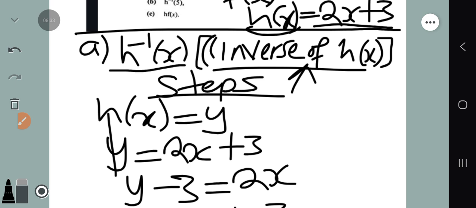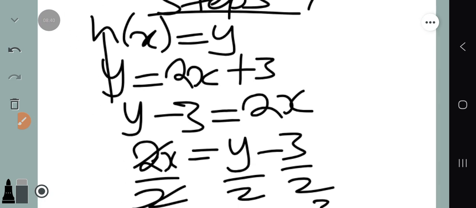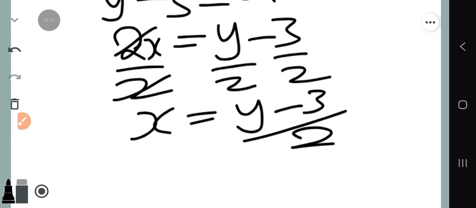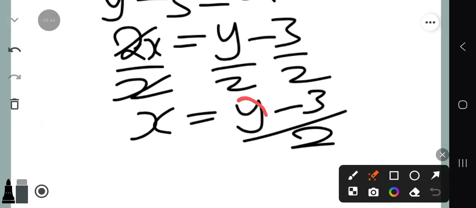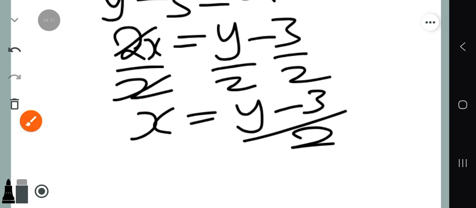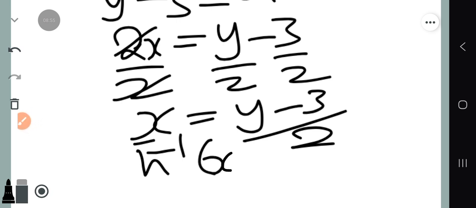h. So that means where there is x, where there is y, in this equation here, where there is y, I'm going to substitute x. Where there is x, I'm going to substitute y. So I'm going to say the inverse of h(x) equals to what?